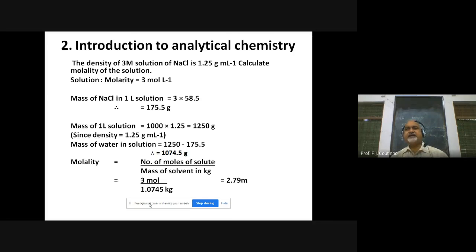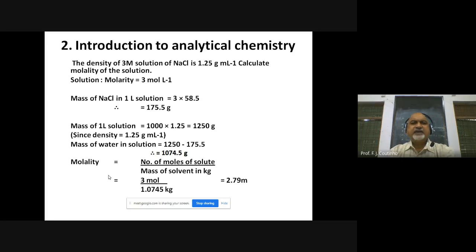When I divide 3 by 1.0745, I get 2.79 m, where the unit of molality is small m. So this is how I solve this problem on molality.